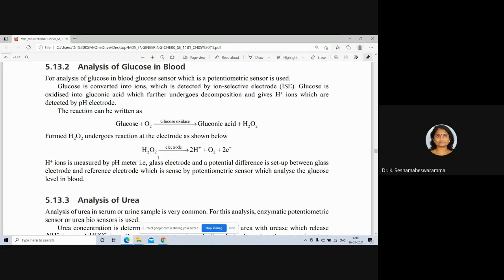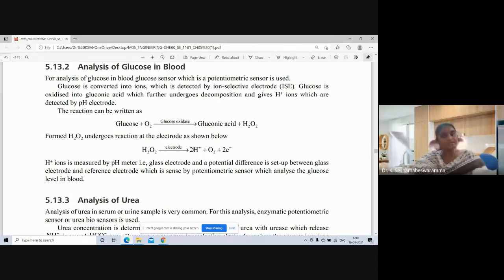In the presence of the electrode, it dissociates into H+ ions, oxygen is released, and at the same time electrons are released. The H+ ions are measured by the pH meter, that is the glass electrode, and a potential difference is set up between the glass electrode and the reference electrode, which is sensed by the potentiometric sensor, which analyzes the glucose level in blood.